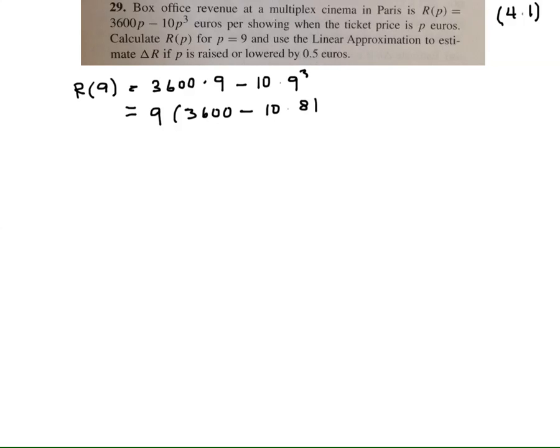At least I'll do part of it without a calculator. So if I factor out a 9, then I'm left with 9 squared in this second term, which is 81. Okay, so 9 times 3,600 minus 810. All right, maybe I will use the calculator after all.